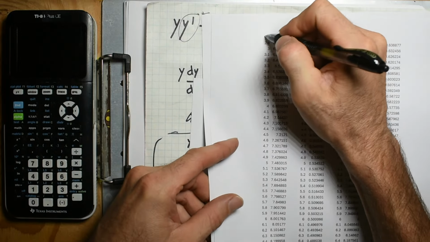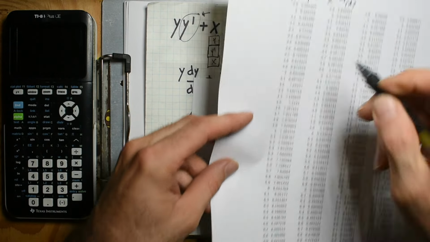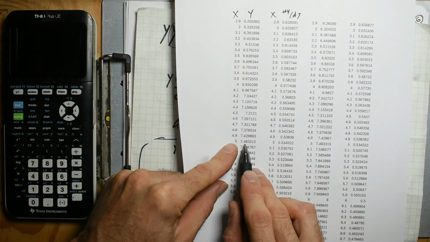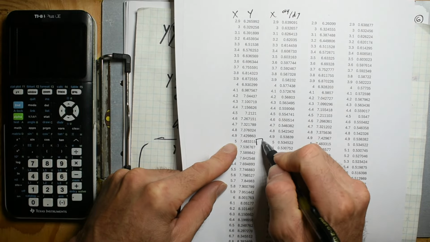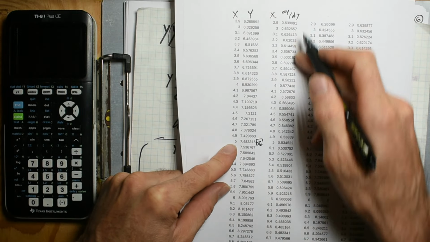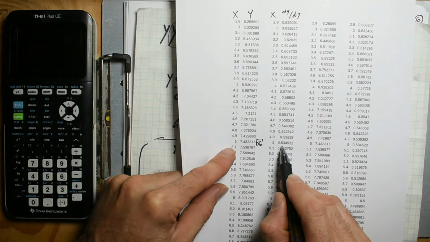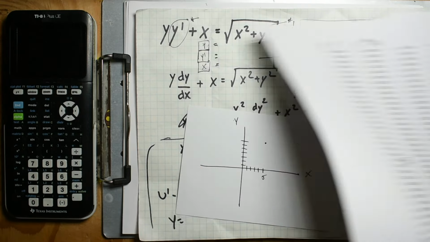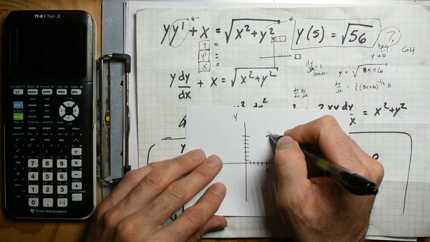So this is our graph, x, y, x, dy/dx, and we're going to go to 5. And it says our y value is 7.48, which is the square root of 56. And solving for dy/dx, that's going to be 0.5. So cool. Our slope right here is just going to be a half. It's not going to be 1, it's going to be a half.